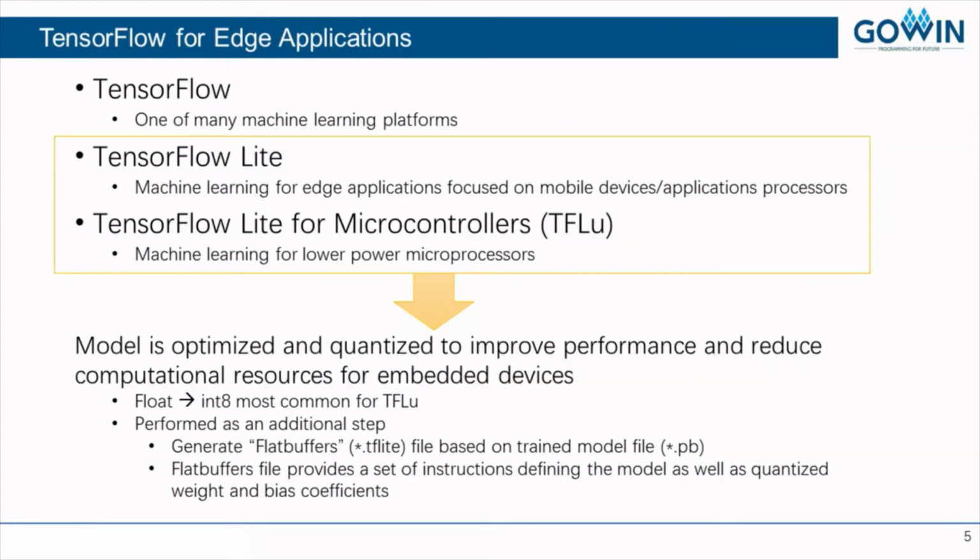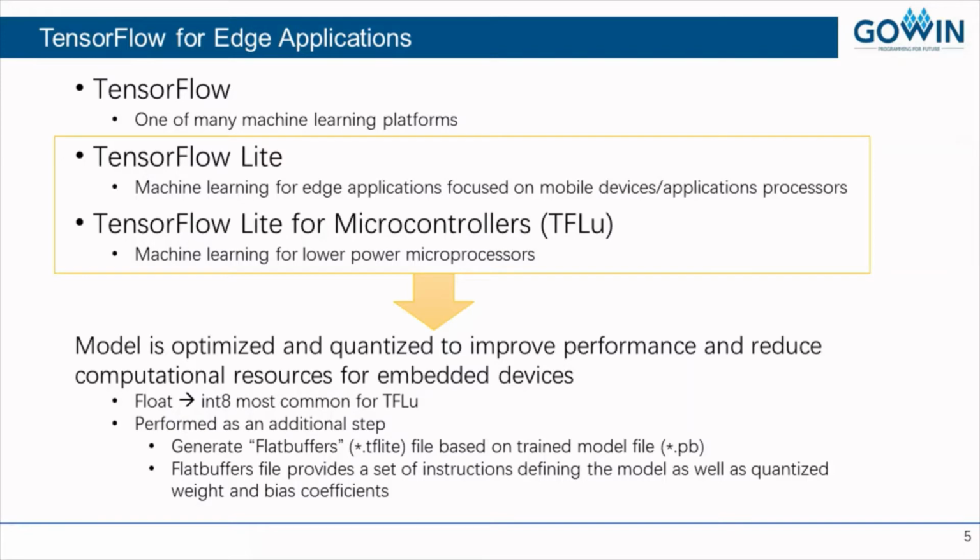Okay, TensorFlow for edge applications. Many of you probably know the machine learning platform TensorFlow, and TensorFlow is one of several different machine learning platforms that allows you to develop models, train models, and deploy and run models on your computer or a server, depending on what you'd like to do.